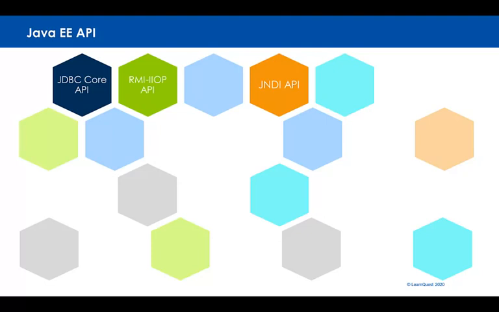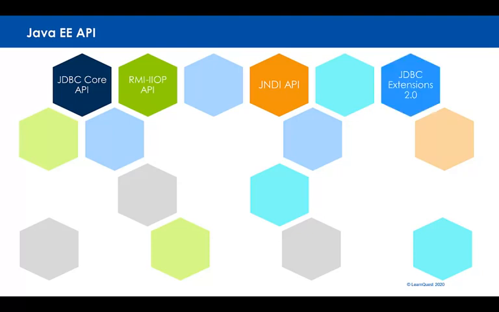There is Java naming and directory interface. This is a layer allowing us to do lookups, such as with an LDAP server or even a regular directory server.